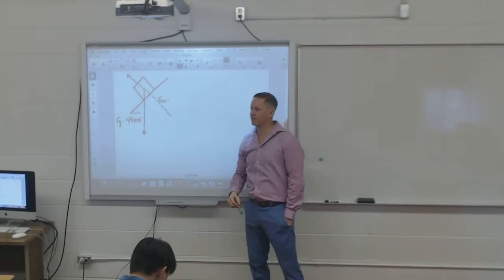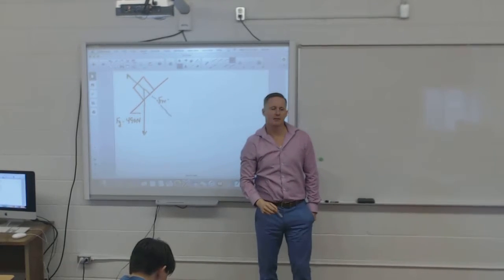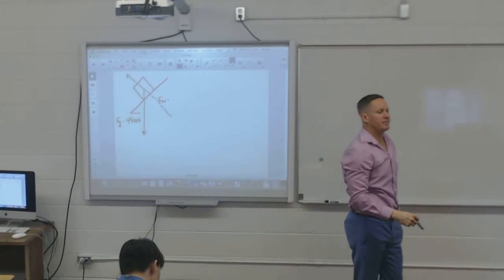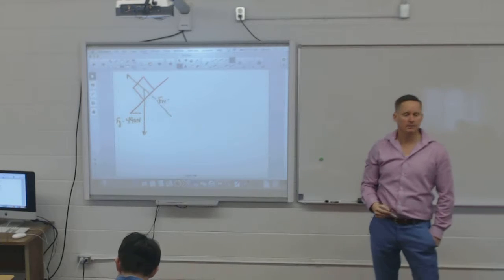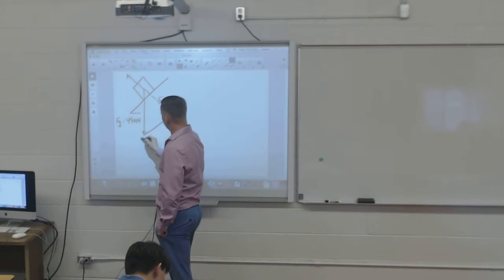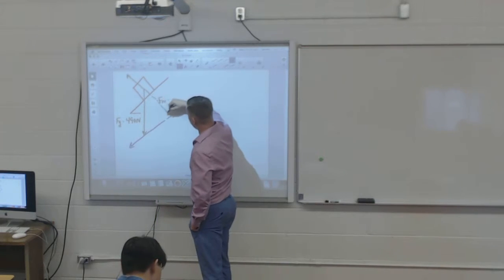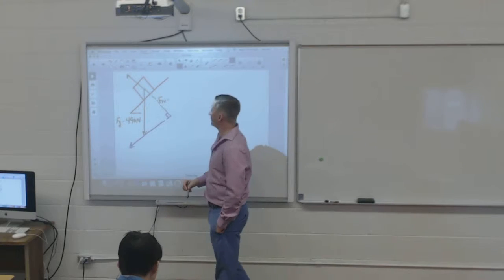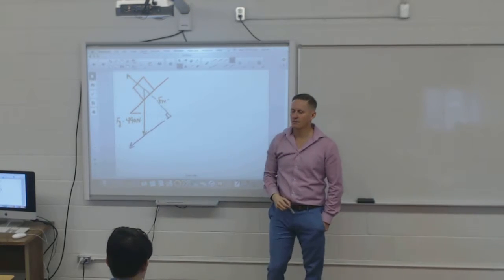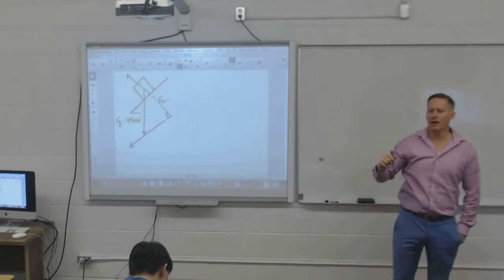So it's one of the things we have to figure out. The applied force is in the direction of motion, so it's parallel to the slope. And again, I draw it down here. Now this green one right here and this red one make a right angle, so it also makes a right angle right there. You have to know how to draw this.